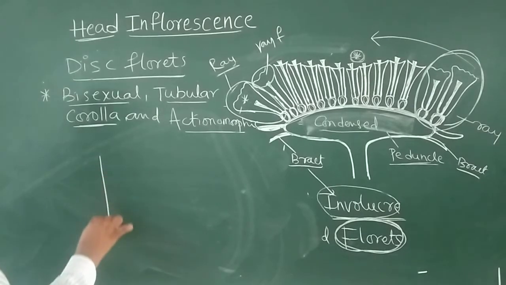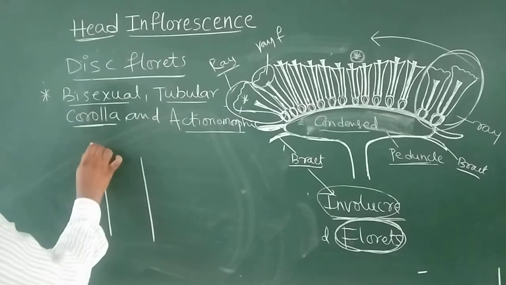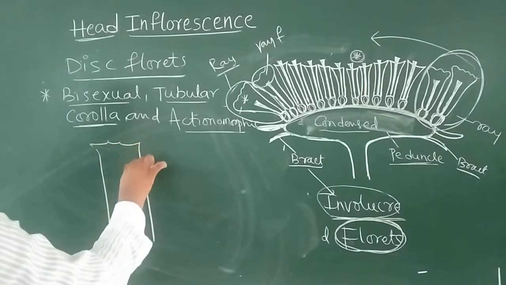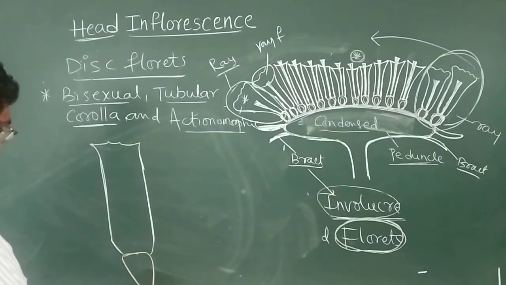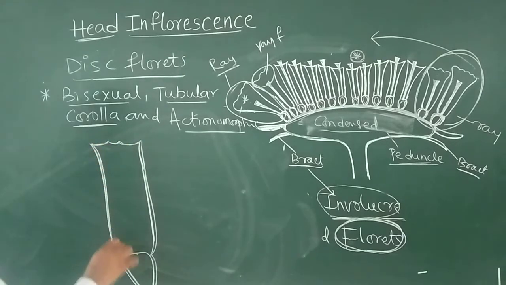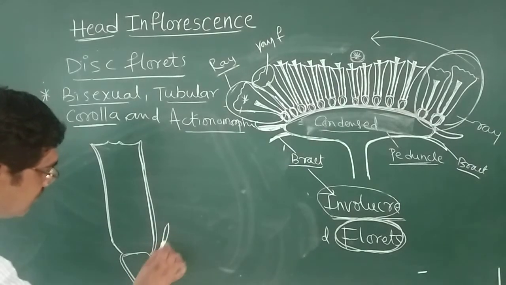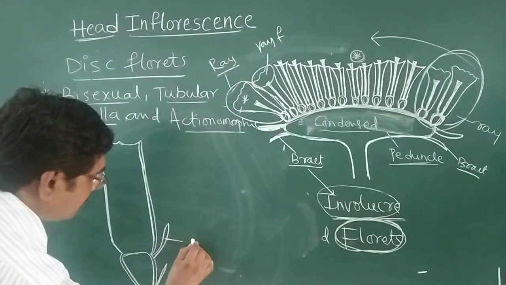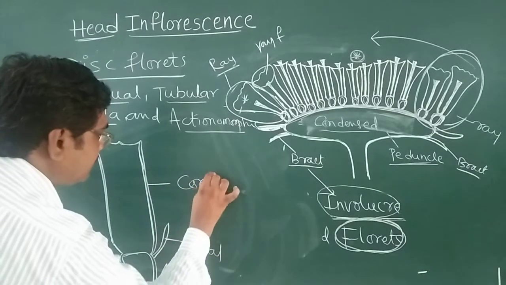So, here this is the disc floret. This is the sepal, this is the corolla.